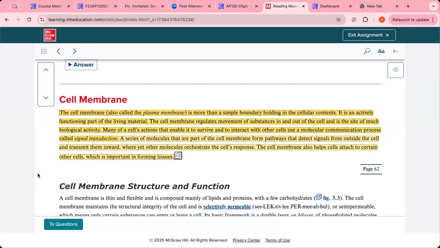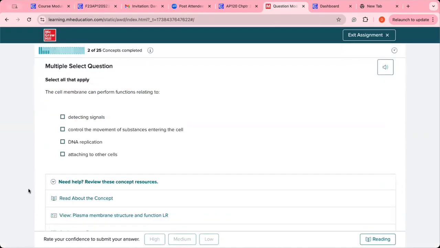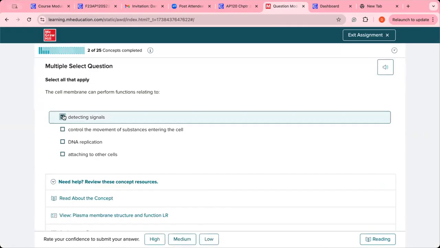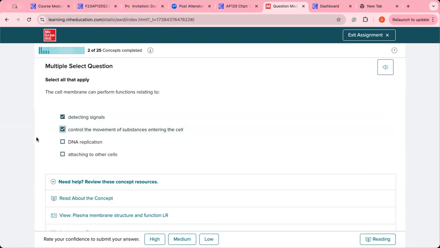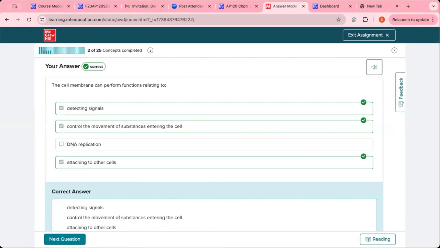So they detect signals from outside the cell and transmit them inward. And other molecules orchestrate the cell's response. The cell membrane also helps cells to attach to certain other cells. Okay, so let's see what they give us in the question here. So it detects signals. It controls the movement of substances entering and leaving, and it attaches to other cells. That's those 3. Good job. Nice.